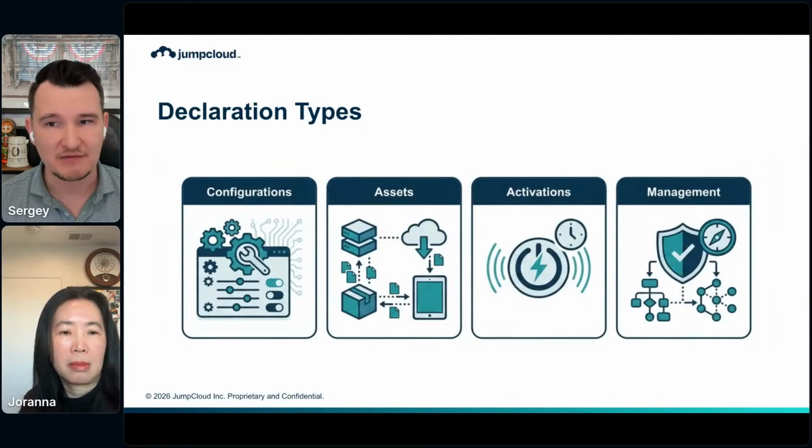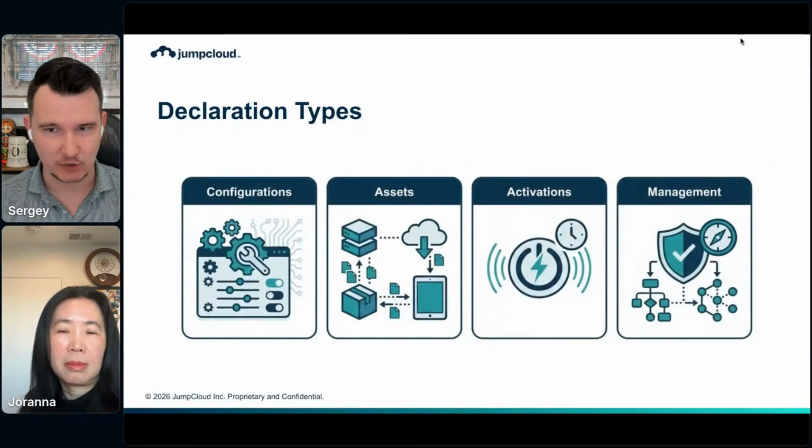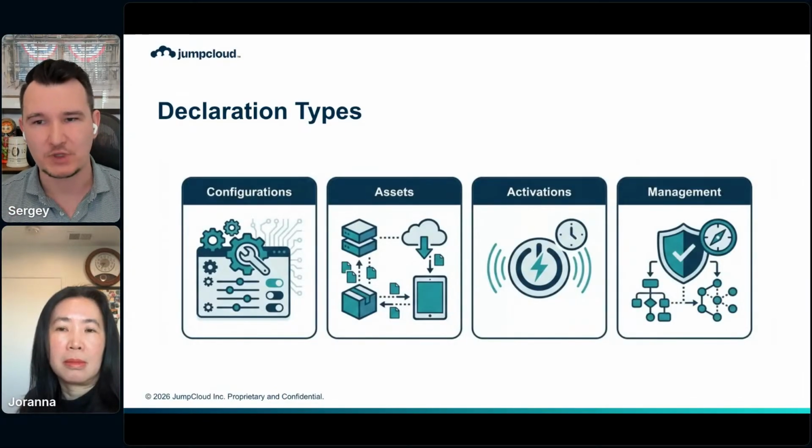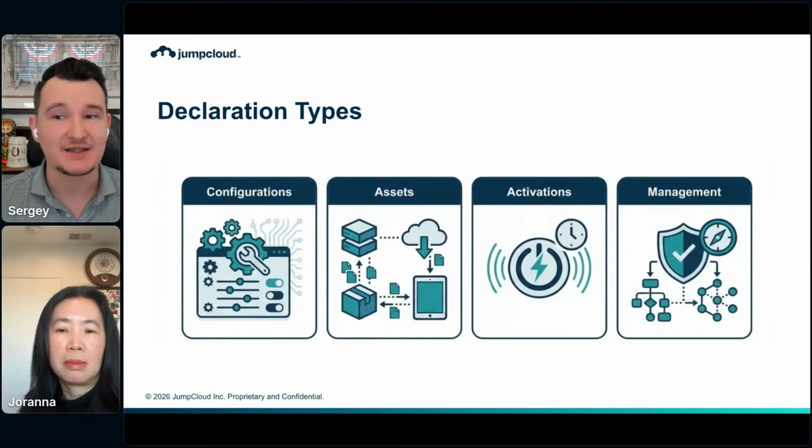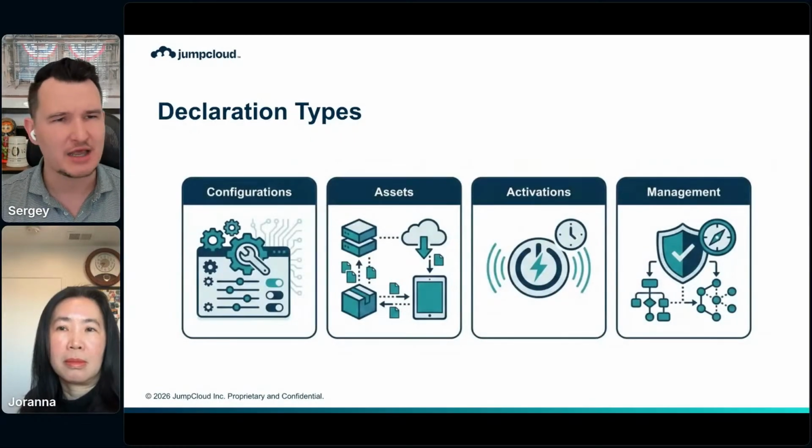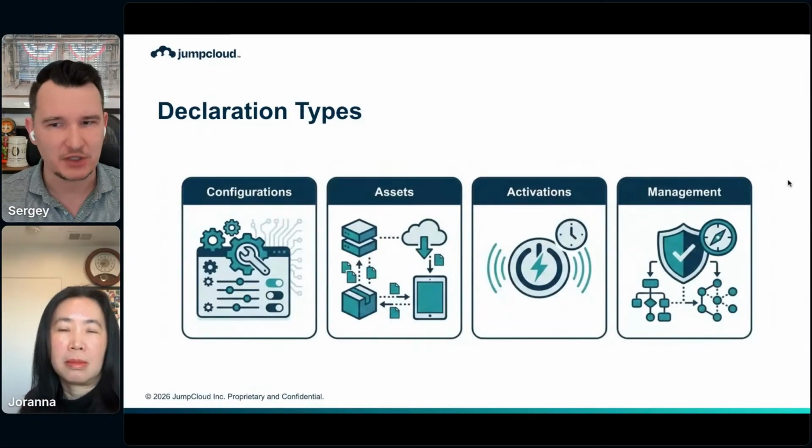Meaning, if any of them are invalid or not applicable, the activation will fail to apply that policy. And the last one is the management declaration. Management declarations are used to convey the overall management state to the device. It includes a declaration which describes details about the organization and the capabilities of, in this case, the JumpCloud MDM server. It's really helpful to convey just static information to the device.